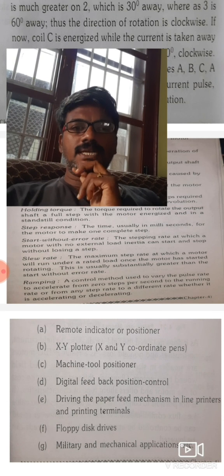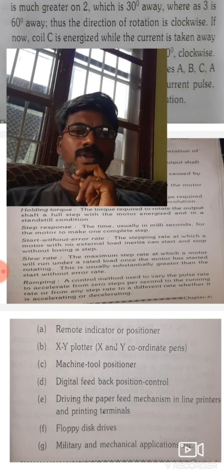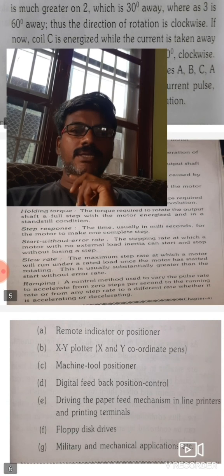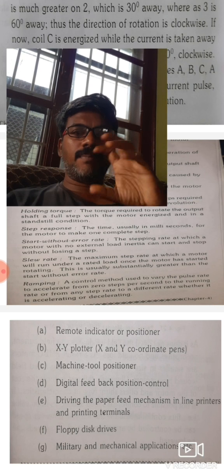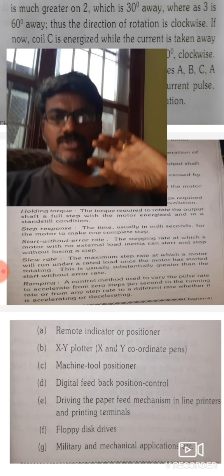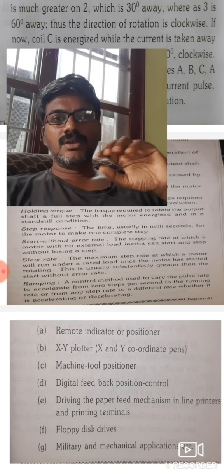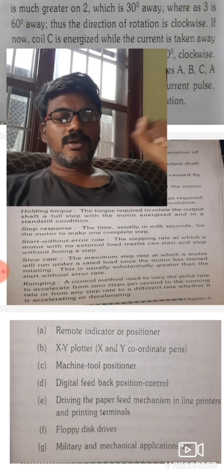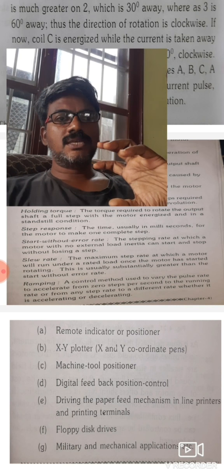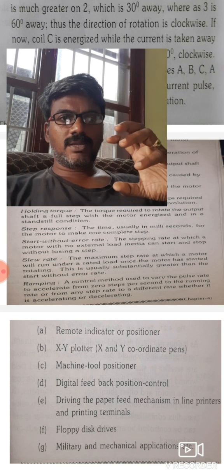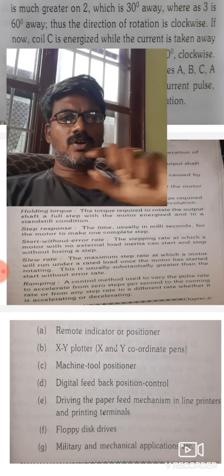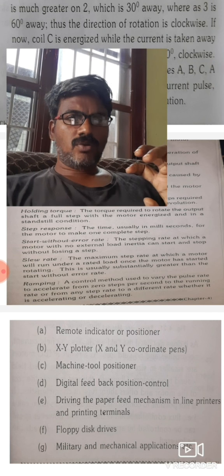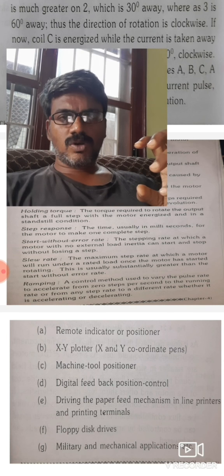And next one is driving the paper feed mechanism in line printers and printing terminals. In the previous days, you had dot matrix printers. In that case, the roller will rotate step by step, very slowly. After printing one line, the motor must rotate a small angle.